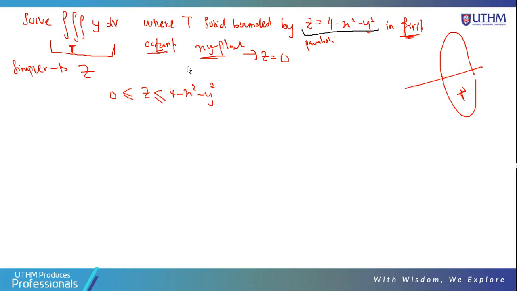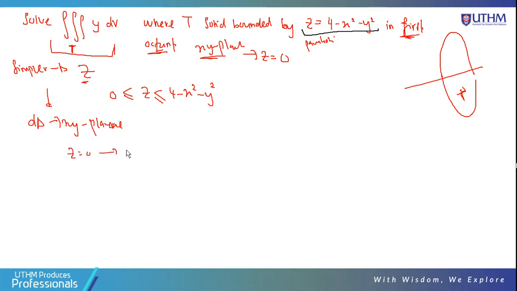Okay, so you already get Z, so what remains is dA. So dA is in the XY plane, because Z is simple, so the remaining part stays in the XY plane.